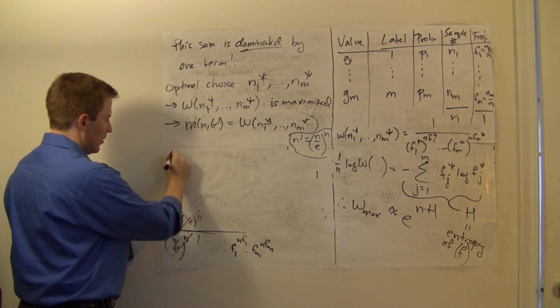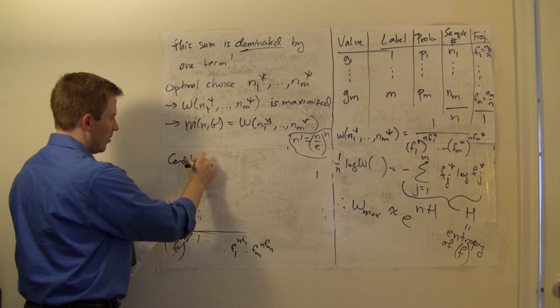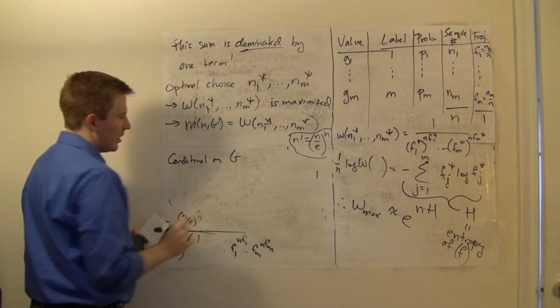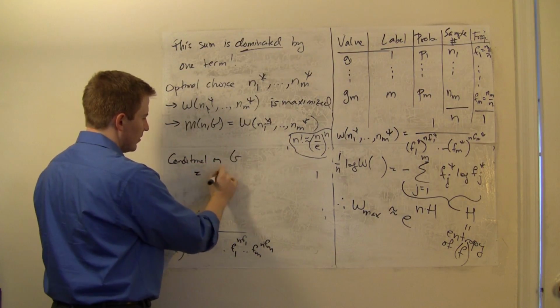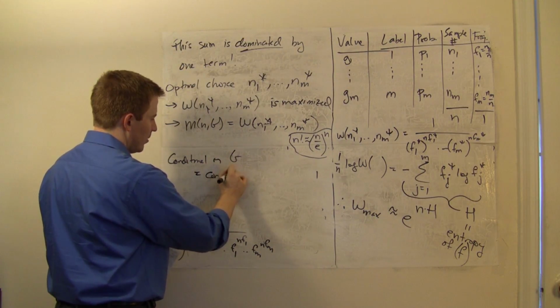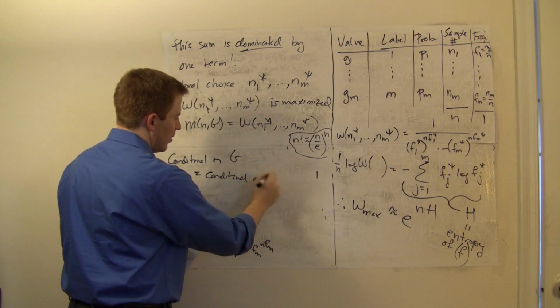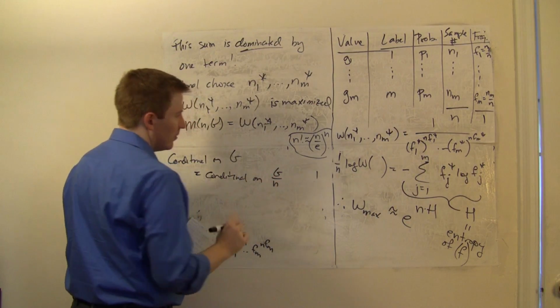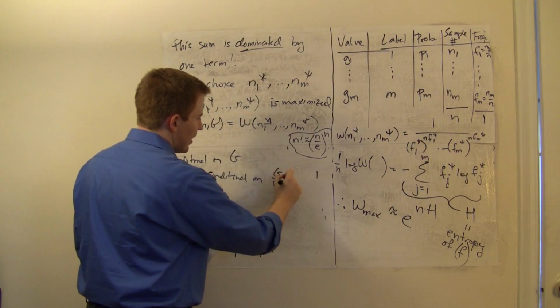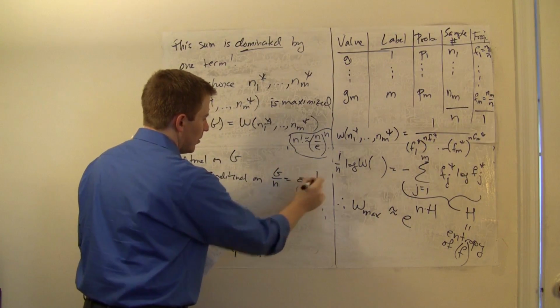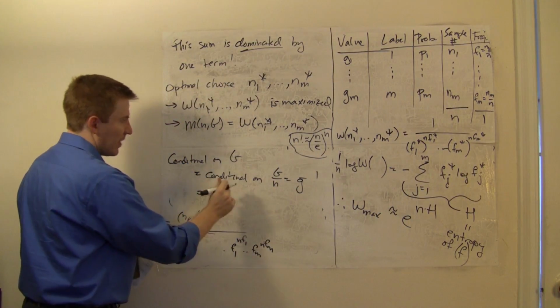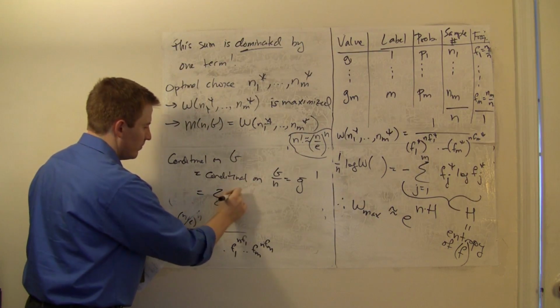I guess I didn't write this, but let me say this here. So conditional on G, which is the same as conditioning on G over N, right? Which is the average of G, or you can write this as the average over the frequency distribution.